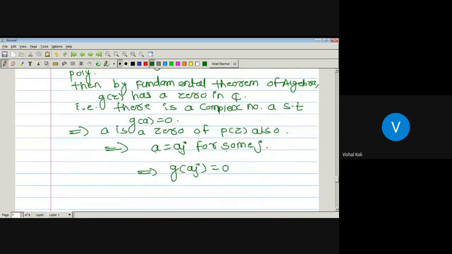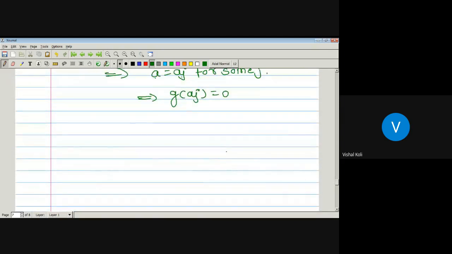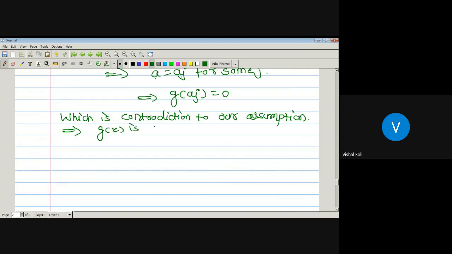But due to our wrong assumption, we get g of aj equal to 0. As this is not possible, it is a contradiction to our assumption that g of z is a non-constant polynomial. As this is wrong, it implies g of z is a constant polynomial.